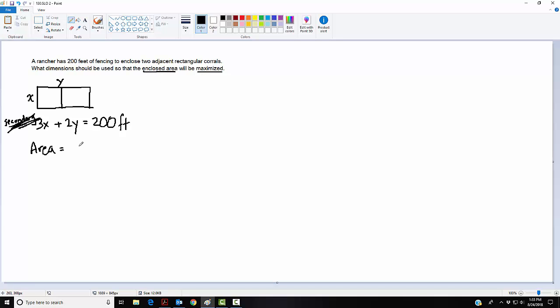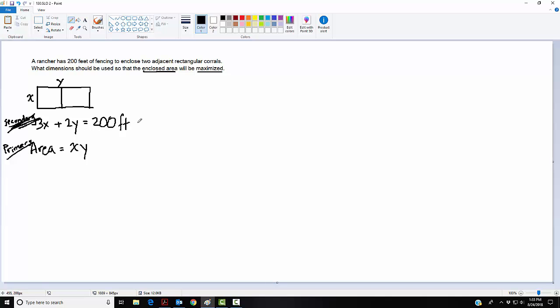So this is just going to be X times Y. I was thinking of a different way that I work out this problem sometimes, but in this case, it's just going to be X times Y. So for here, this is the primary equation, and our secondary equation is the perimeter.